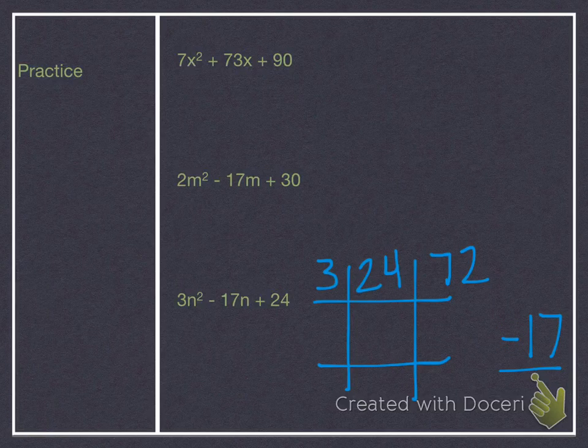Now I know that 14 and 3 equals 17. But to get it to be negative, these are both going to have to be negative. Because again, negative times negative equals positive. We're good there. Negative plus negative equals a negative there.